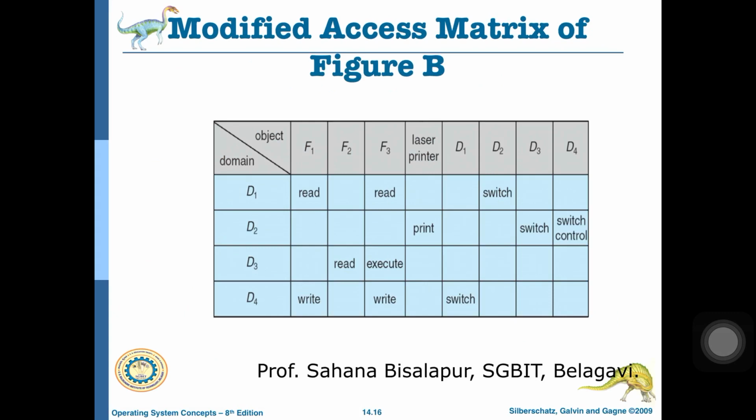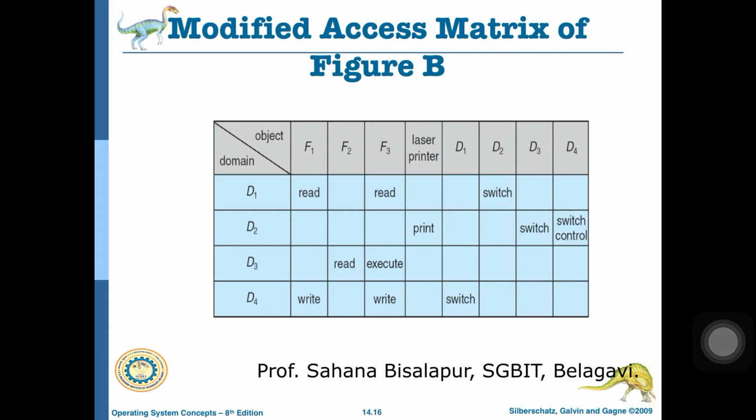You can see D2, D4 with the switch. We also have one more right given there, that is control. Then a process executing in domain D2 could modify domain D4.